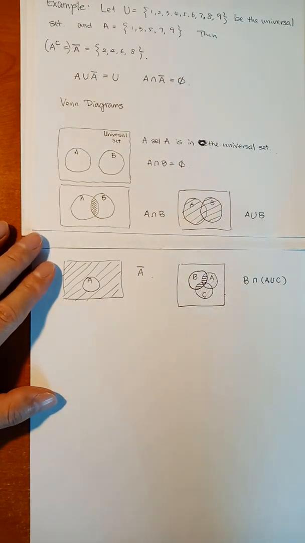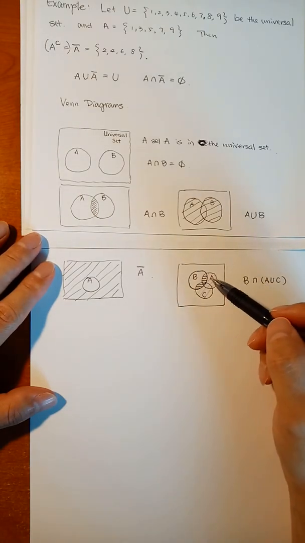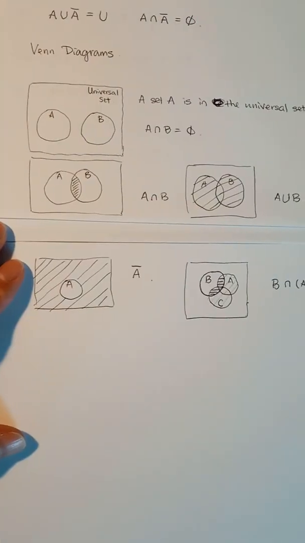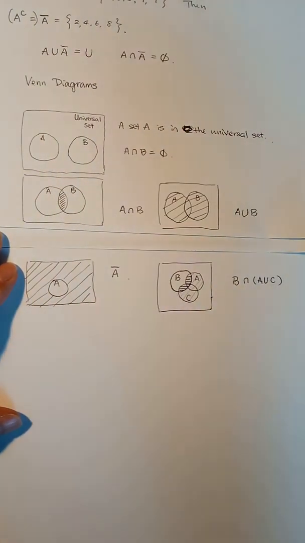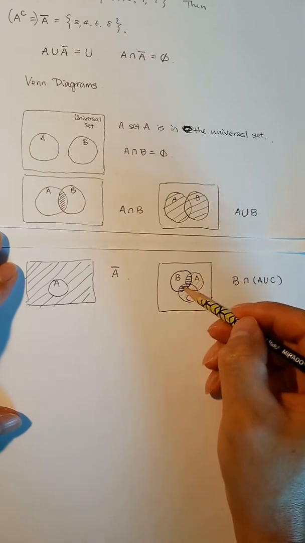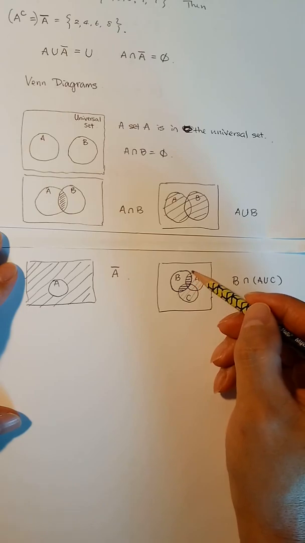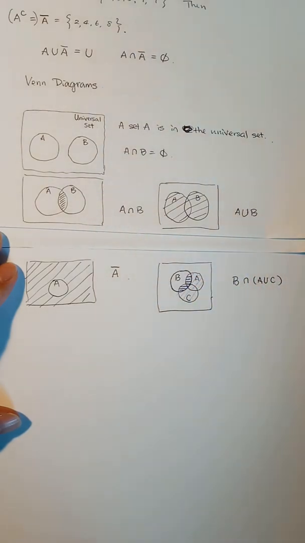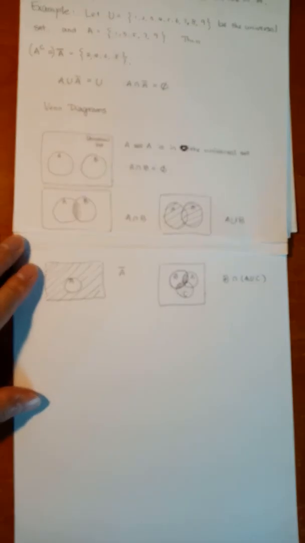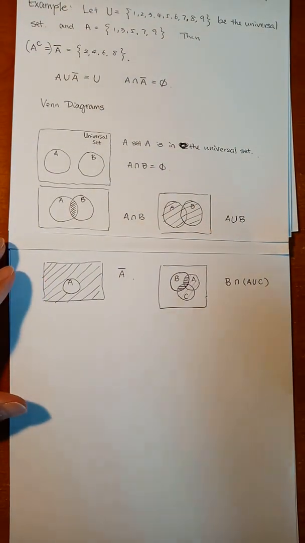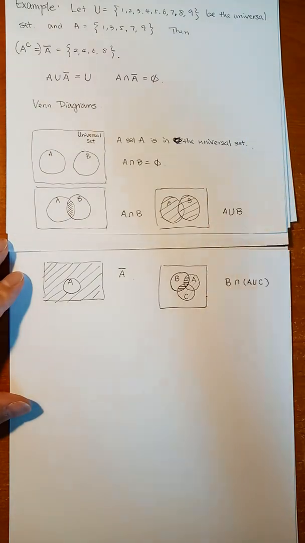See? You see the process? First I use pencil to shade A union C, and then we use a ball pen to emphasize where B intersect A union C is, like these two parts. Right? Okay, so this is a Venn diagram. It's very, very important and very useful to demonstrate.